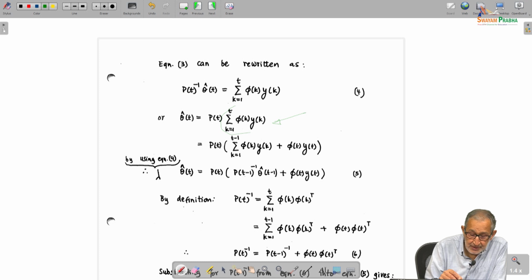This term here, from this expression here, expression 4, can also be written as the summation from k equals 1 to t minus 1 phi k y k plus this term, which is exactly this, right?